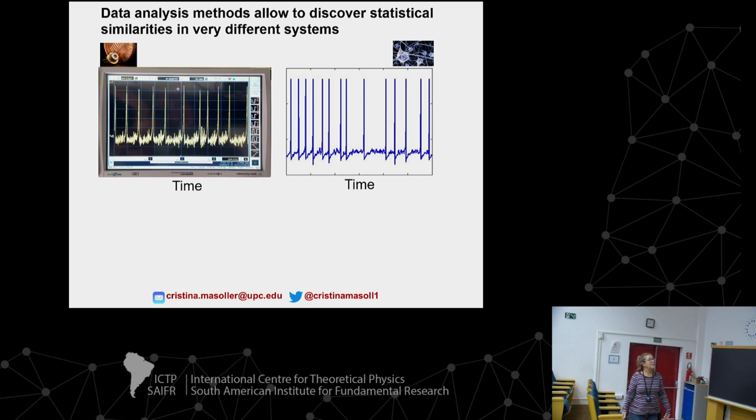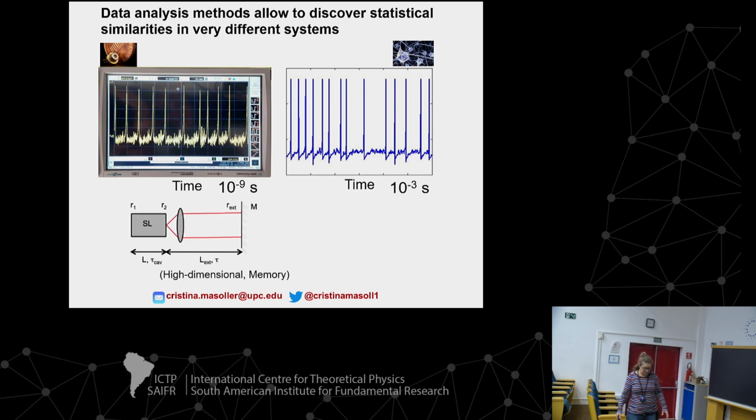And we are interested in trying to see if they are really similar or just look similar. The interesting thing is that the timescales are very different, orders of magnitude different. And in the end, the goal is, can we use lasers to implement neurons? And neurons that actually act genuinely as biological neurons.